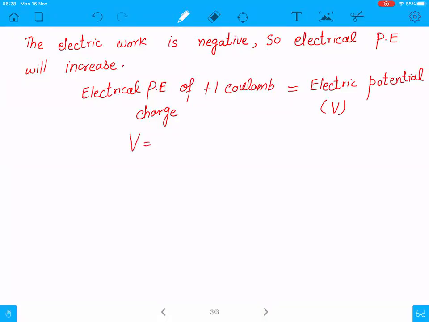So as a result, we can say that V is equal to delta PE in the given example, and that is equal to negative of work.